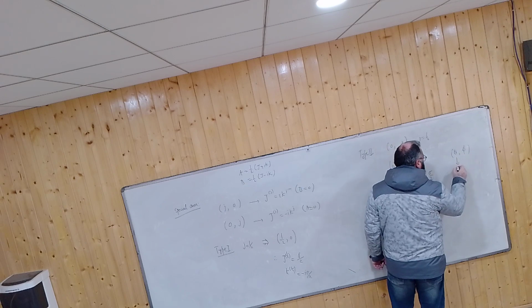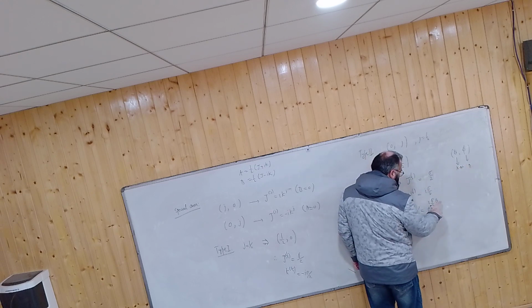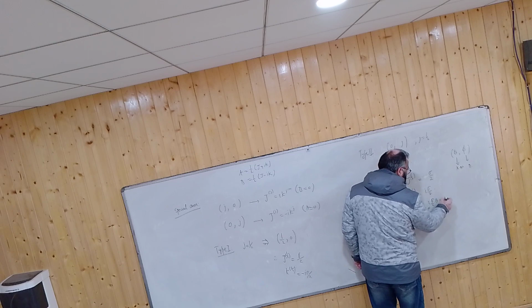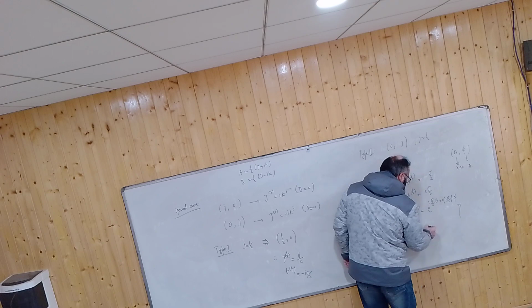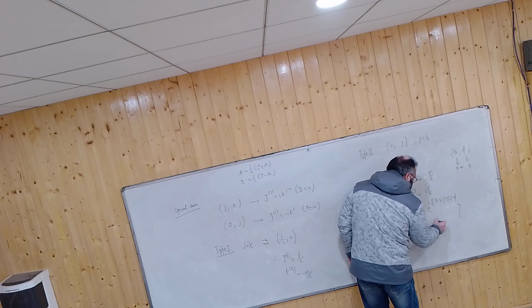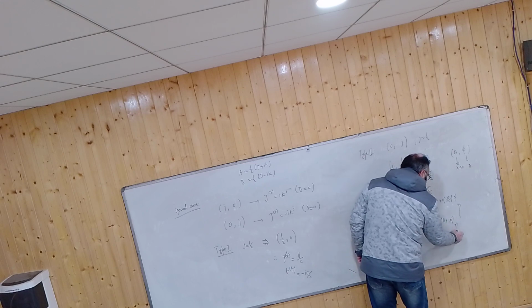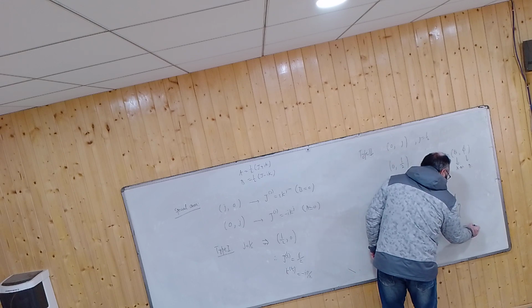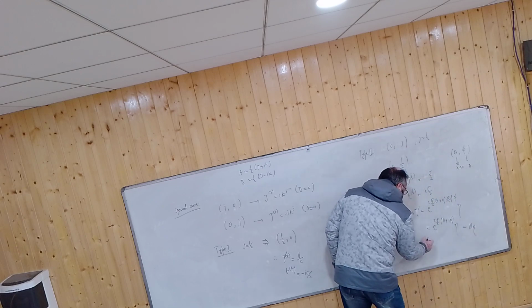This is the angular momentum, and this is the boost. Then plus i, and i sigma by 2 dot phi, acting on eta. That is equal to e raised to the power i sigma by 2 dot theta plus i phi acting on eta. Let's call this n, so n is equal to e raised to the power i sigma by 2 dot theta plus i phi.